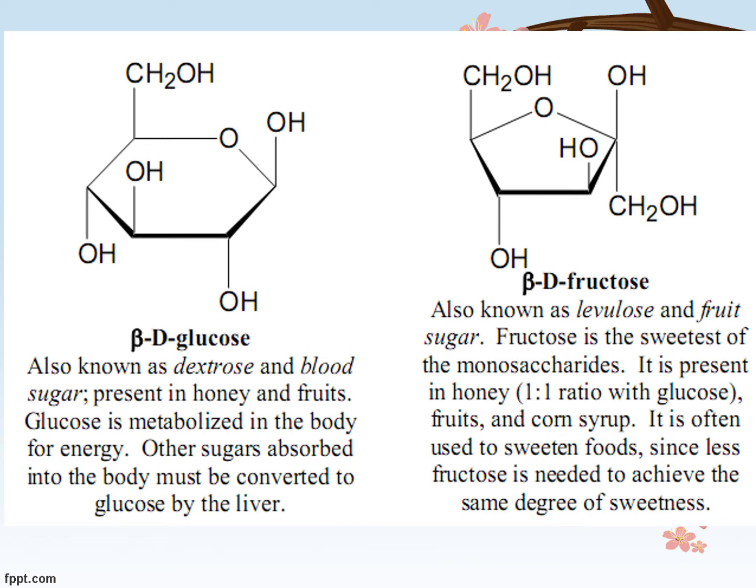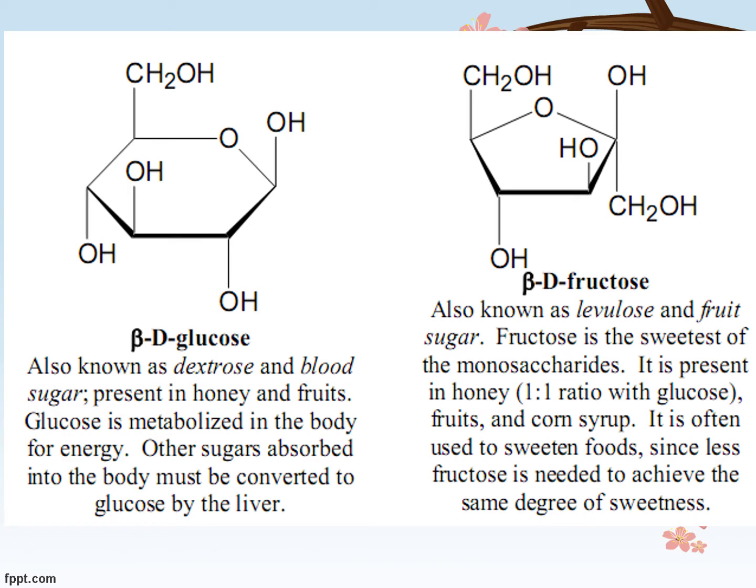The next example is beta-D-fructose, also known as levulose and fruit sugar. Fructose is the sweetest monosaccharide, with 1.73, almost double the sweetness level of sucrose.